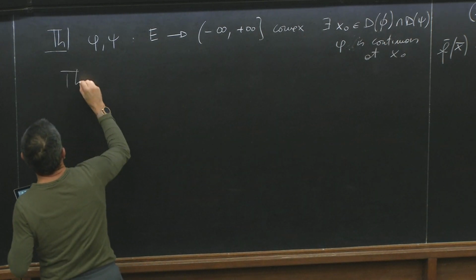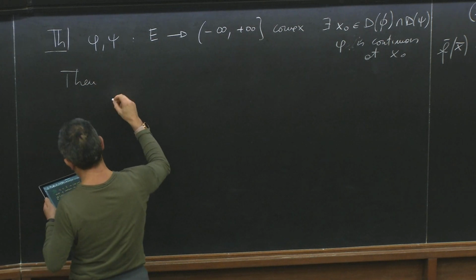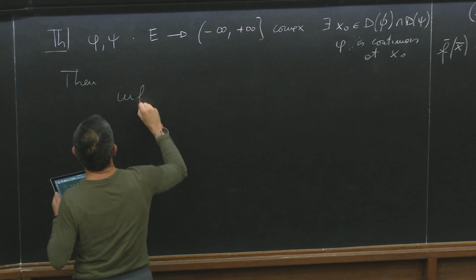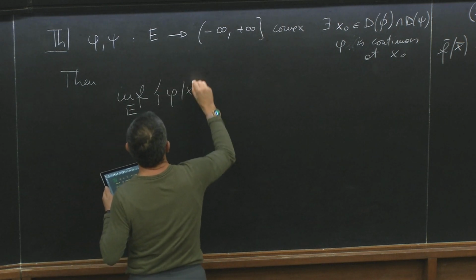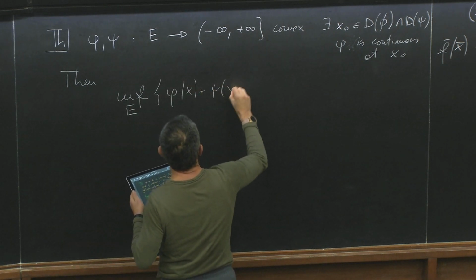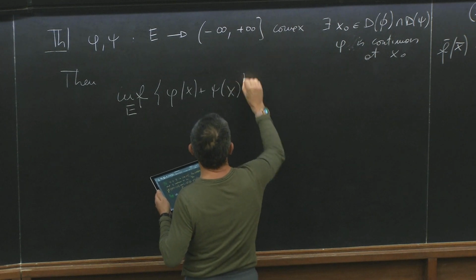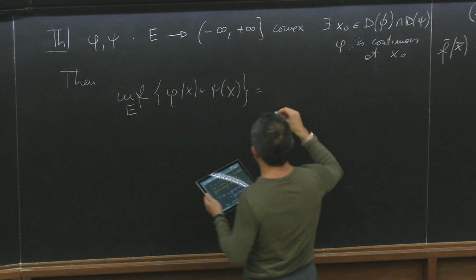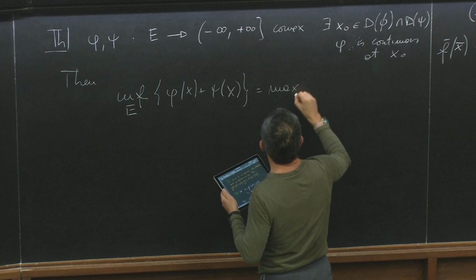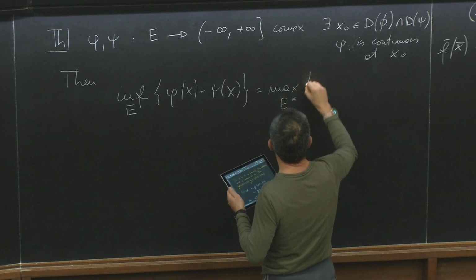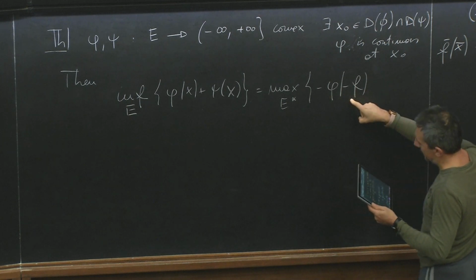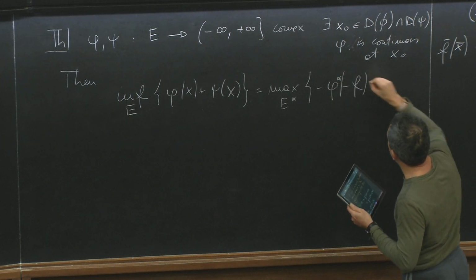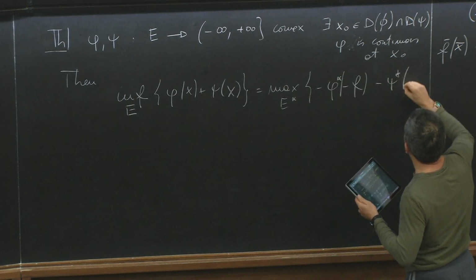Then the duality is that the primal problem is equal to the max of the dual problem. So the continuous one is minus psi star of f.